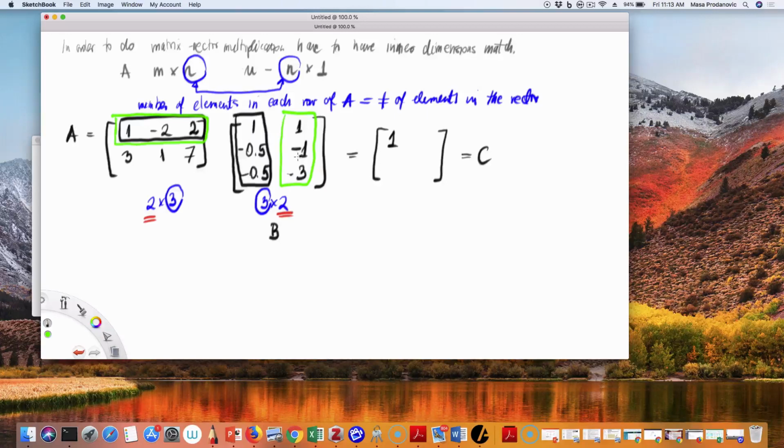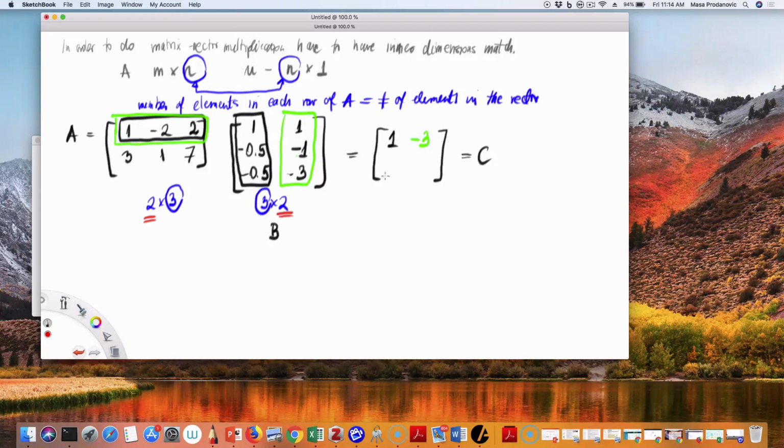Minus 2 times minus 1, and minus 6, correct? So that is going to be 3 minus 6, which is minus 3. Okay? And then now we're going to keep going.